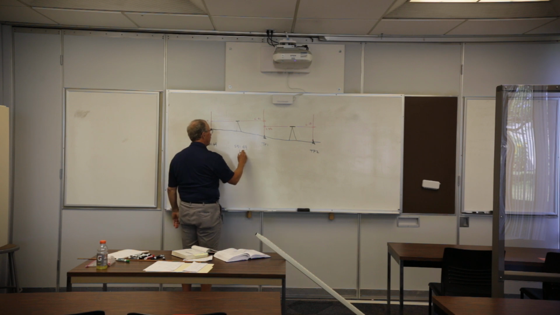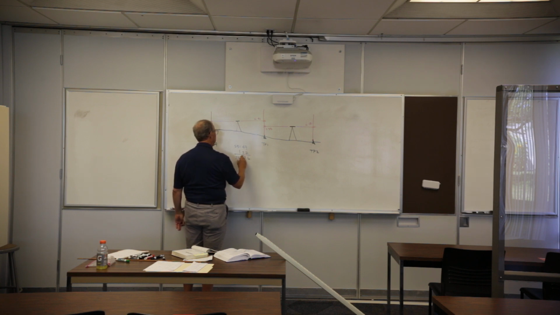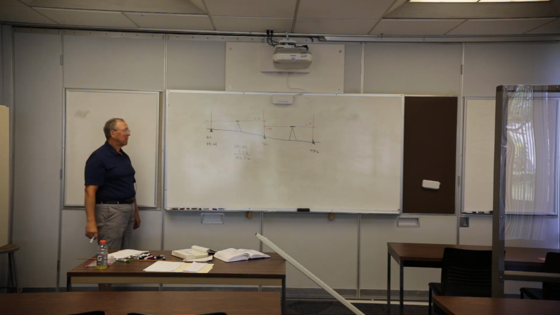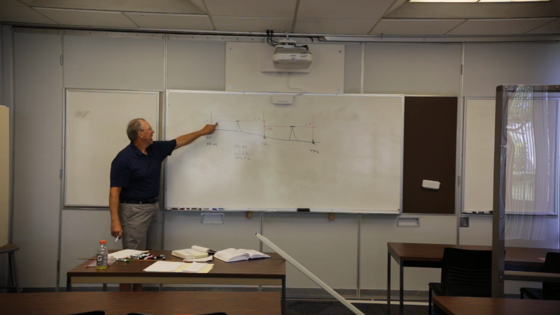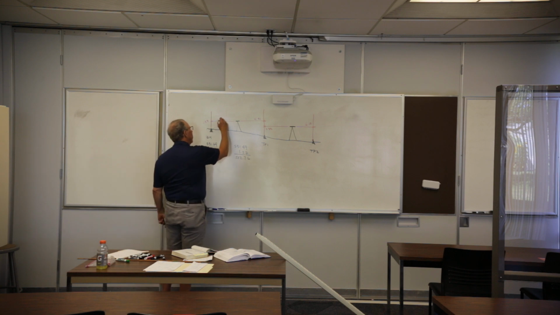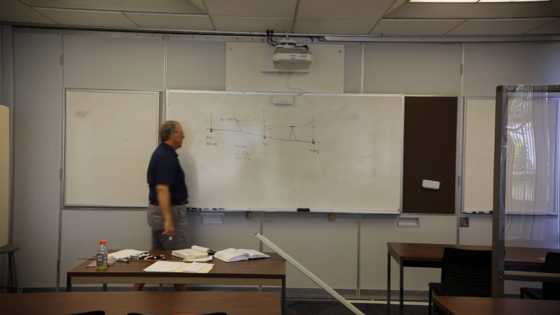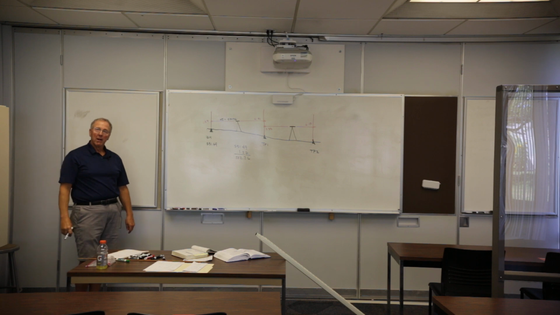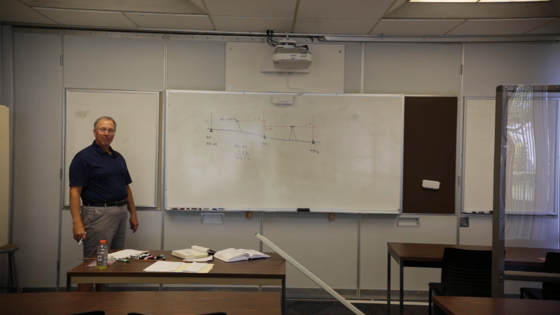So if I add 1.27 feet, isn't that the elevation of that line right there? If that's the elevation of that line, isn't that the height of the instrument? So the height of the instrument here is right there. Now I know the elevation of that line, right?